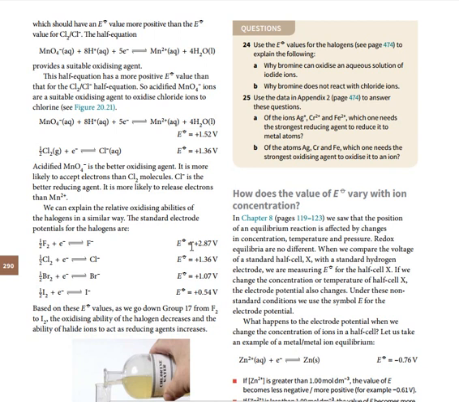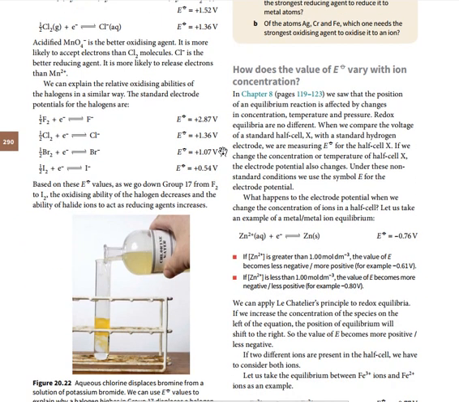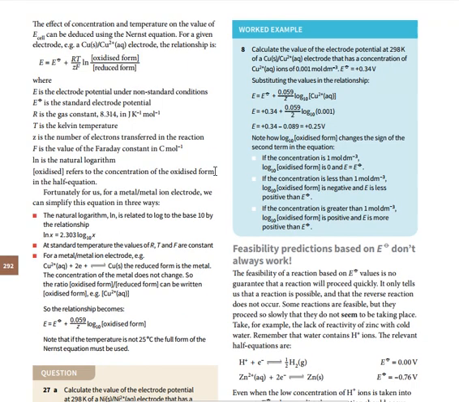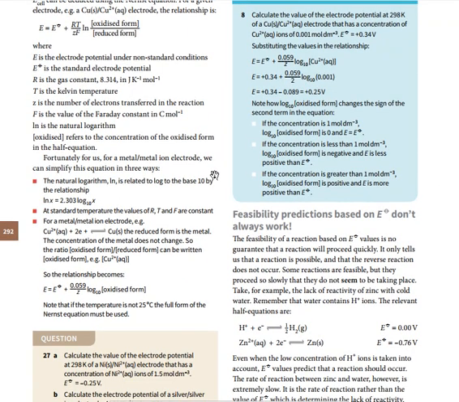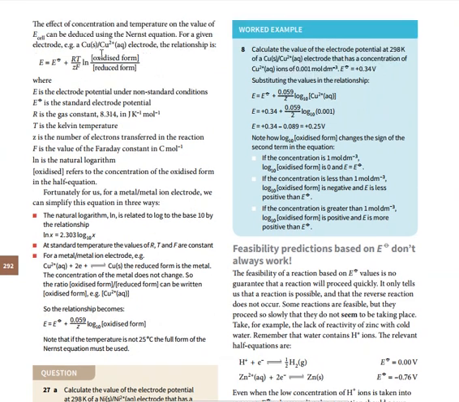That's the general formula. But we need to know that the general formula of this equation is given as RT all over nF ln of 1 all over Kc. Now in this case, the oxidizing agent is usually found on the left hand side and the reducing agent is usually found on the right hand side. So that's why you use this formula.